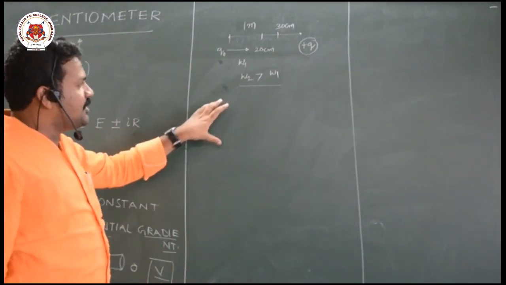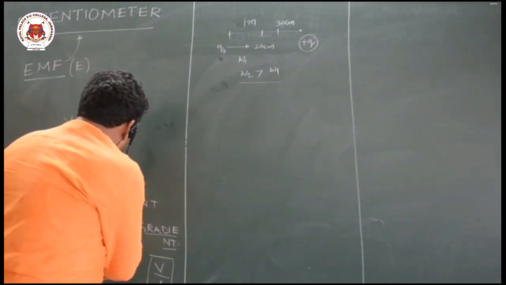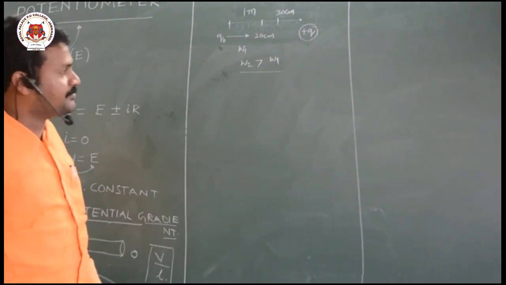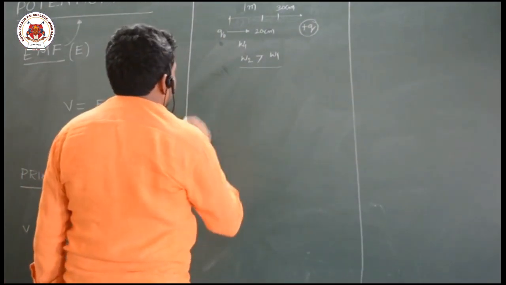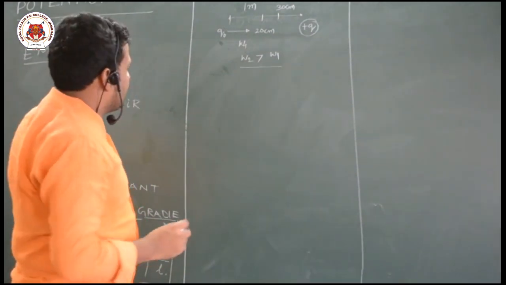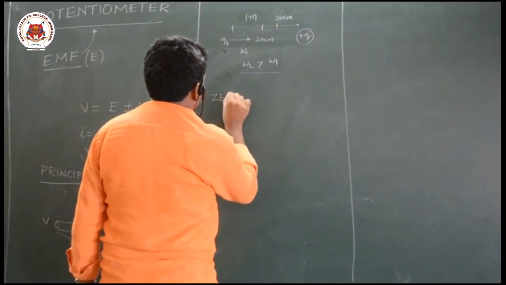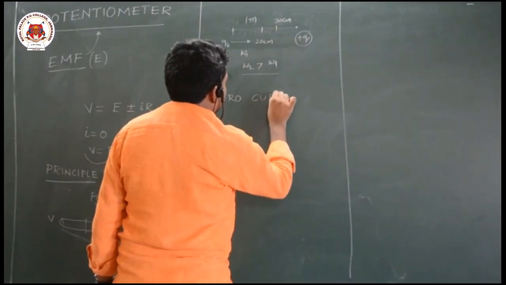Once you see the device, you will understand. The principle of potentiometer is that it maintains constant potential gradient. And how is it going to measure the EMF of a cell? For that it follows the zero current method, which is one more principle of potentiometer.